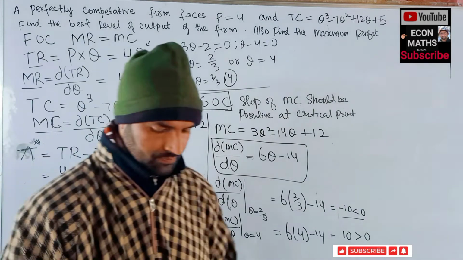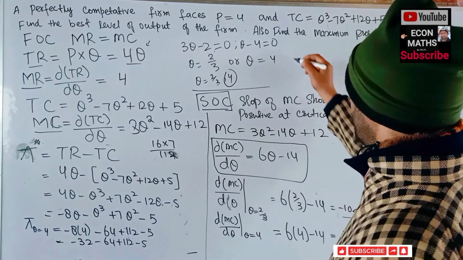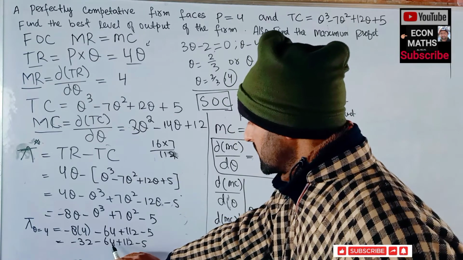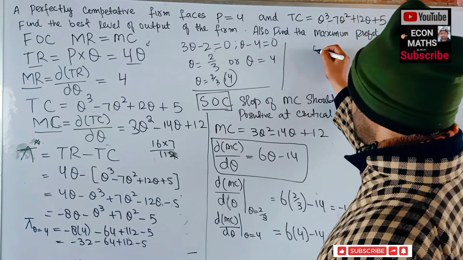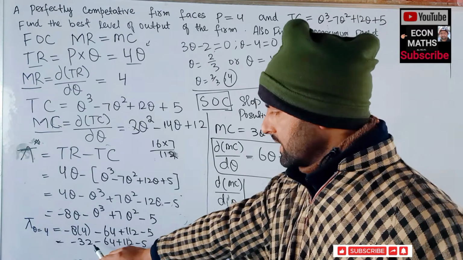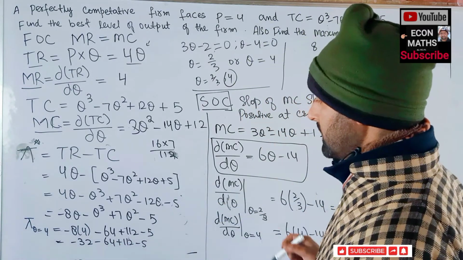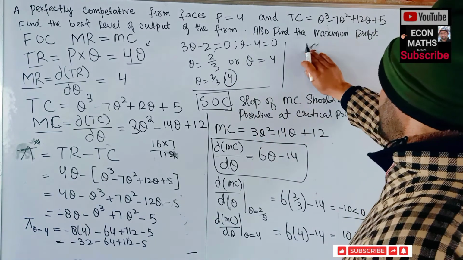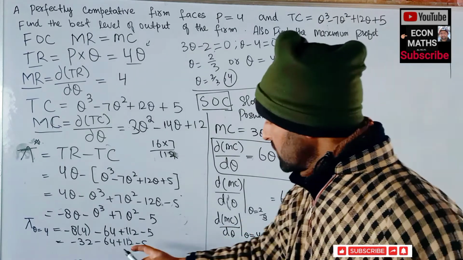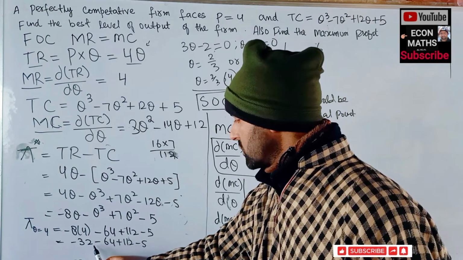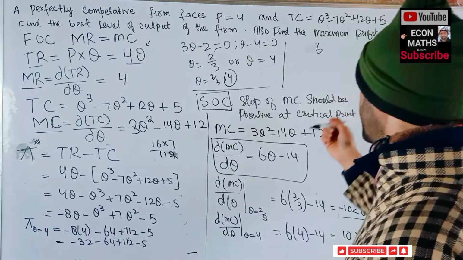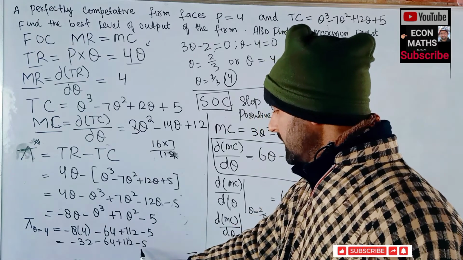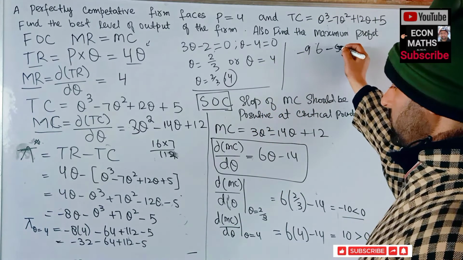Okay, let us see what this equation tells us. Now minus 32 and minus 64 is minus 96, and we have minus 5 plus 112.